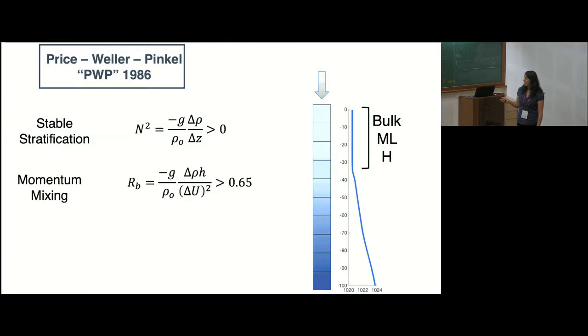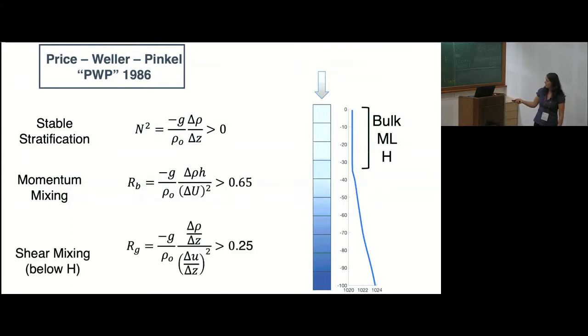And then there's a momentum mixing criteria. So again, it goes through and takes this value of density and velocity and a value at depth and decides at what depth this criteria is met. And then it chooses that as the mixed layer depth.